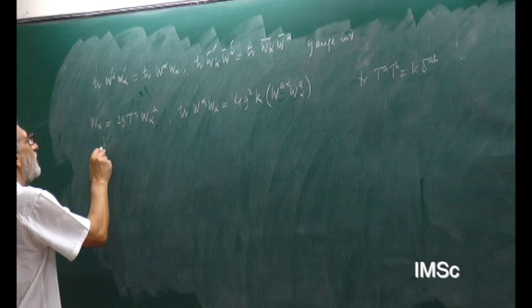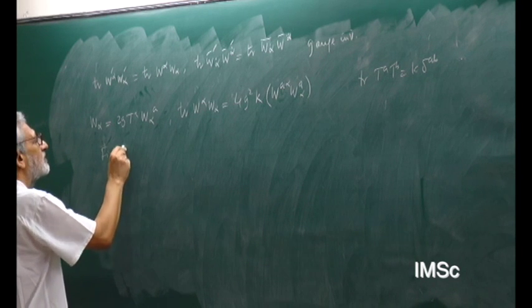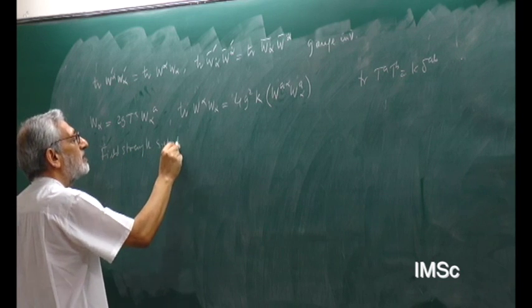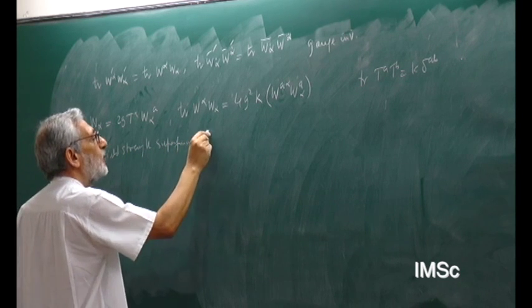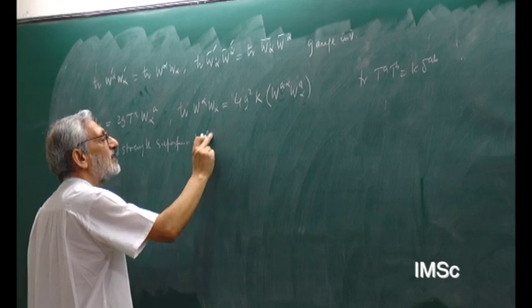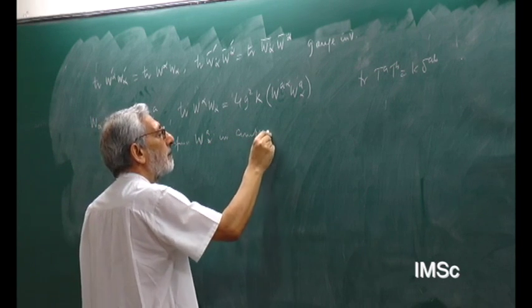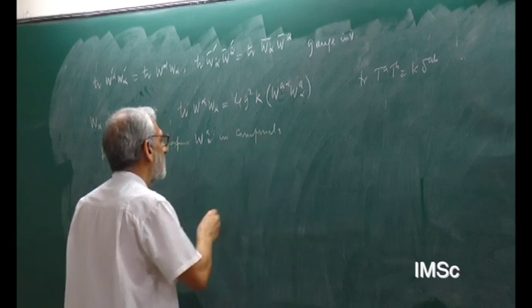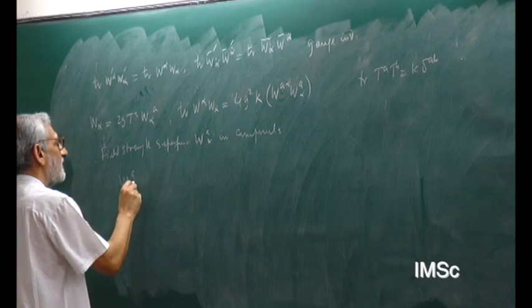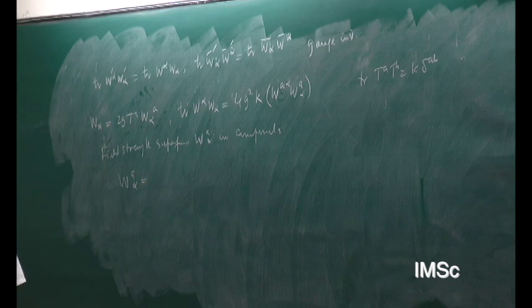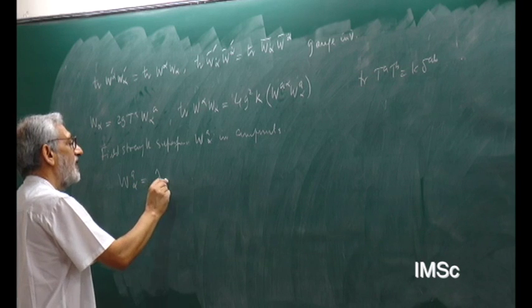And the field strength superfield W A alpha, in components, is a straightforward calculation. The same way like we did it for the U(1) theory. You can just do this for this non-abelian theory.